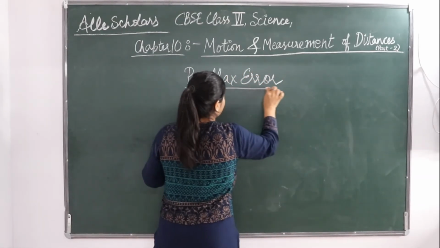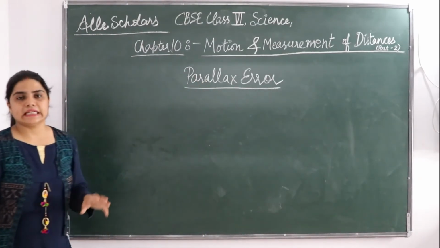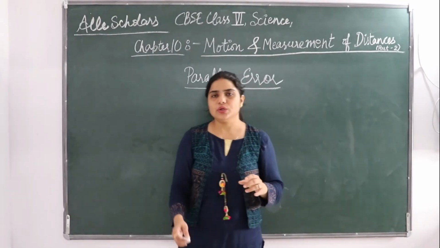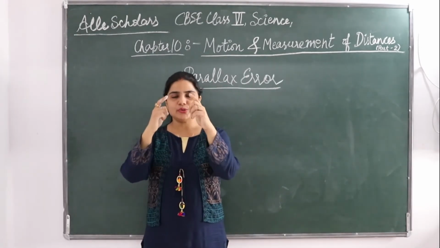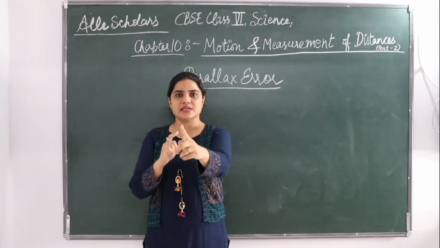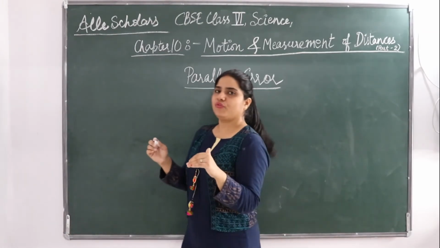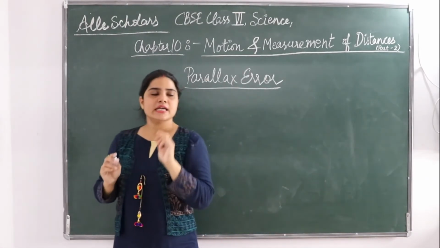Okay, so what is parallax error? In the third point of measuring the distance, I have told you that the eye position should be correct. It should be in the center of the point to be measured, not from the right, not from the left. It should be in the center.